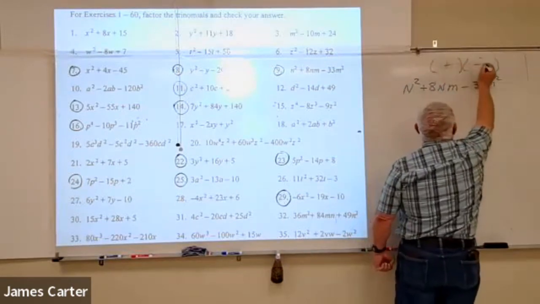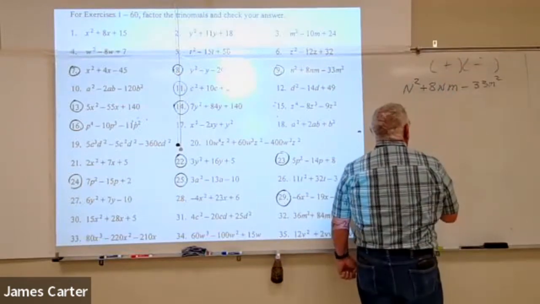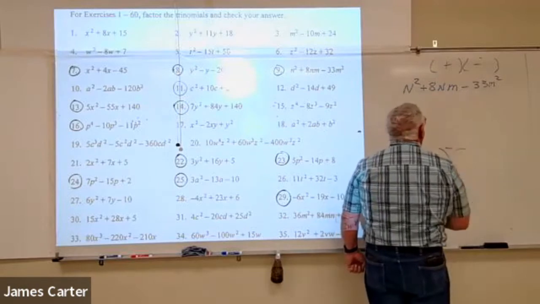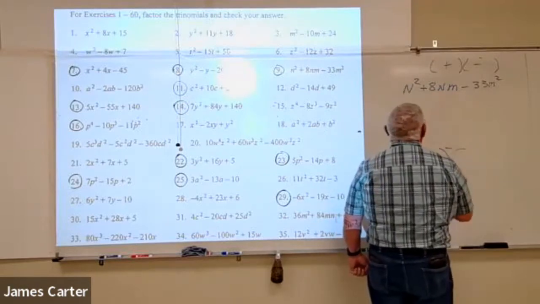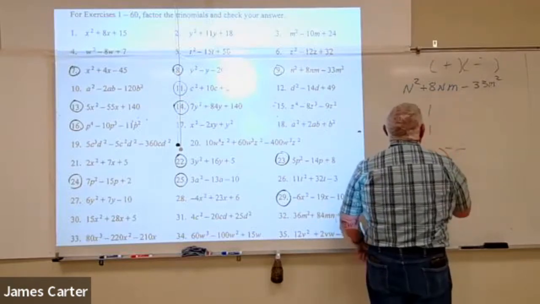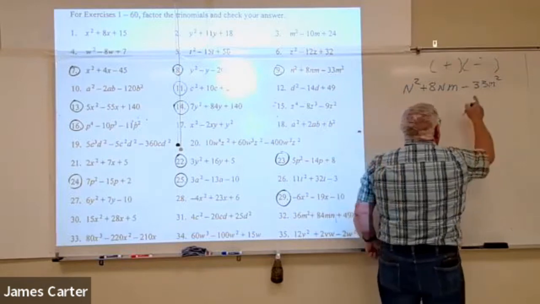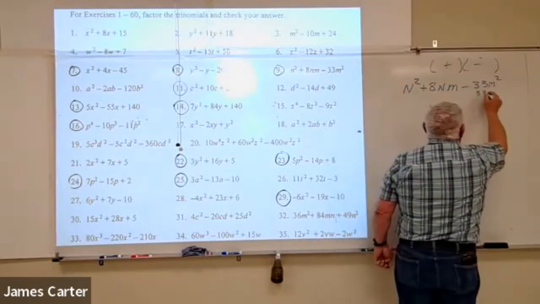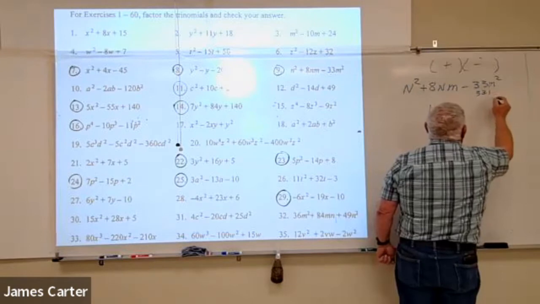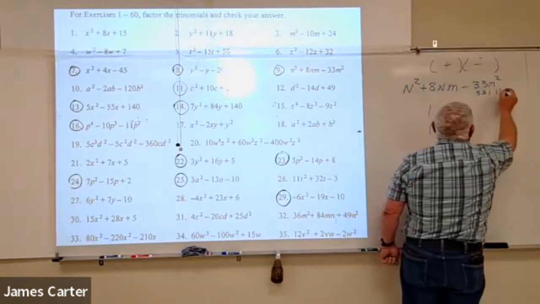Rule of signs says I've got different signs, so I'm going to subtract down here. Here I've got a 1, 1 on the front end. On the back end, 33 times 1 and 11 times 3.